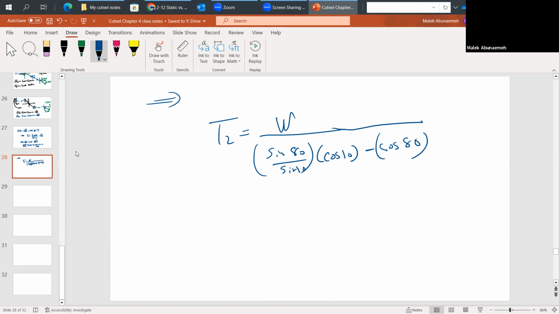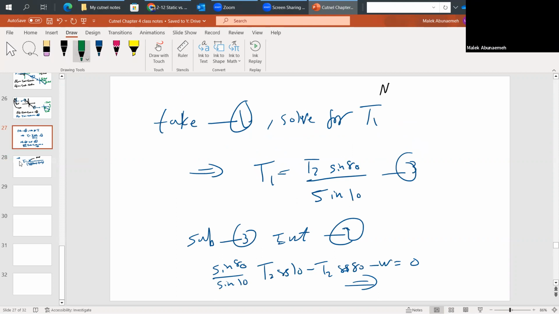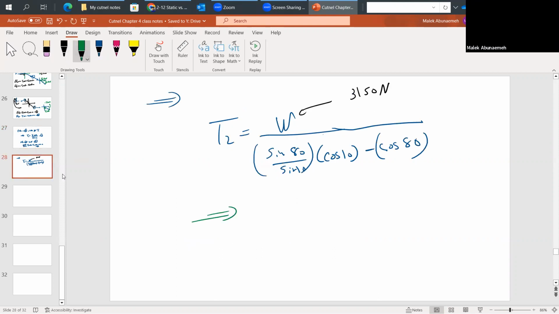Now, our work, we're going to say is 3150 newtons. This means our T2 is going to equal 582 newtons.